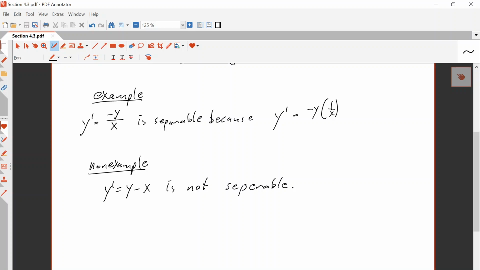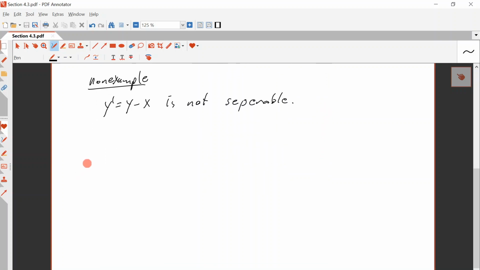Alright, but now when you have a separable differential equation, we solve as follows.